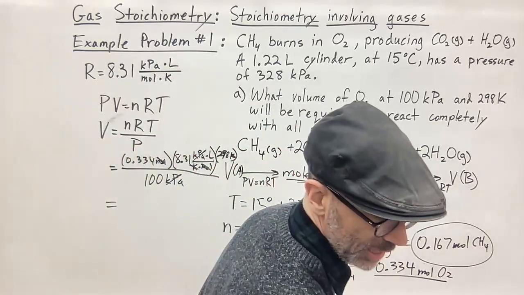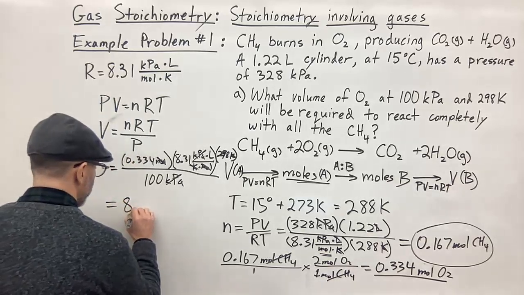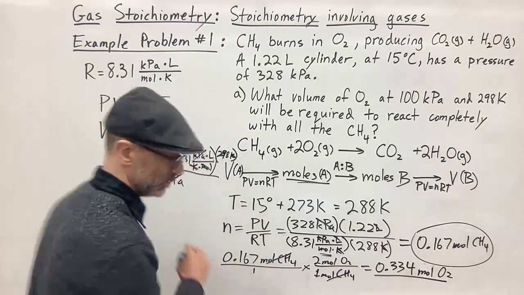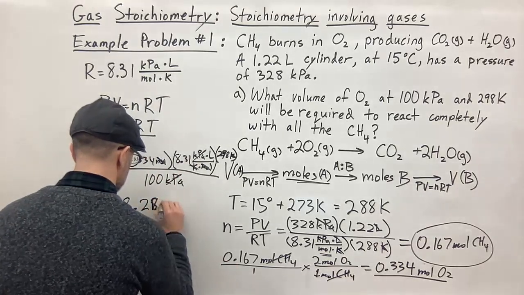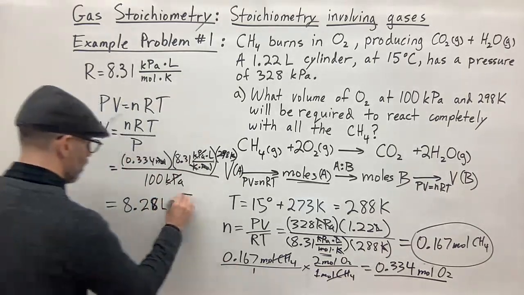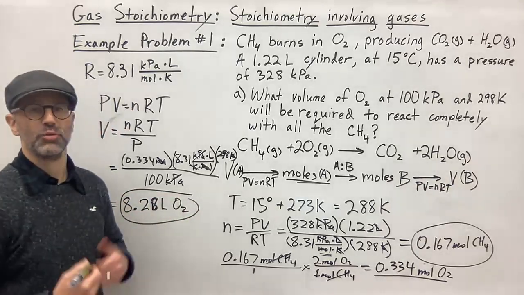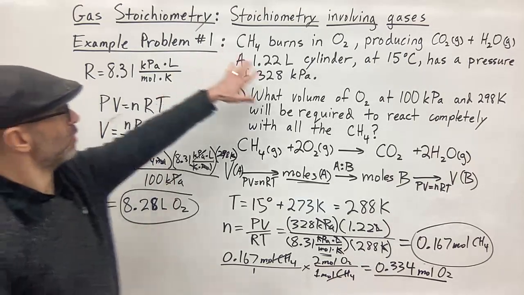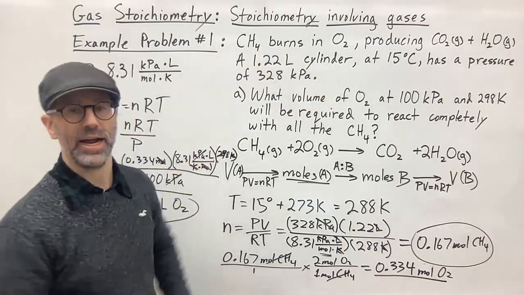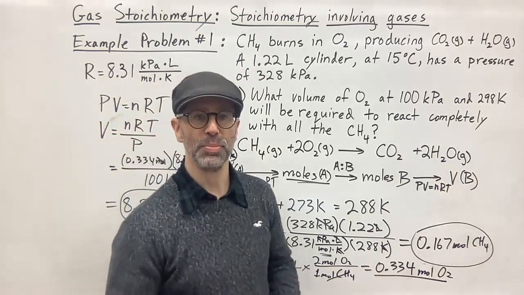And when I calculate it out, I get 8.28 liters of O2. So this is the volume of oxygen required to completely react with the amount of CH4 that I have. Okay, so that's part A. What about part B?